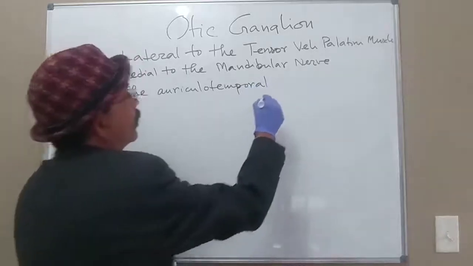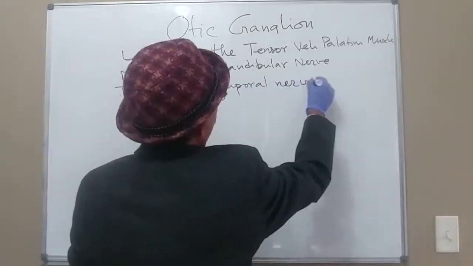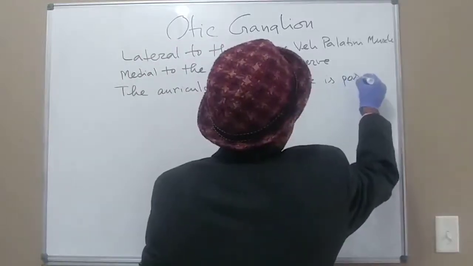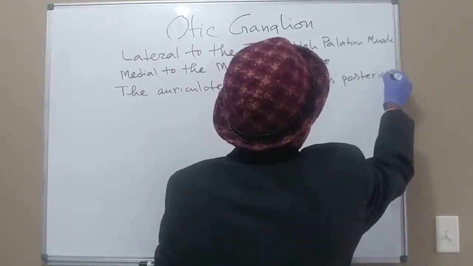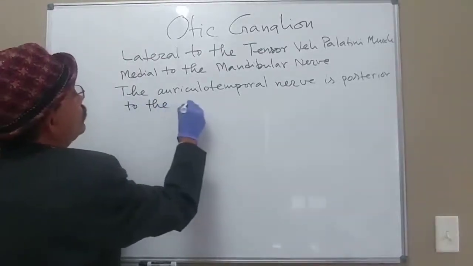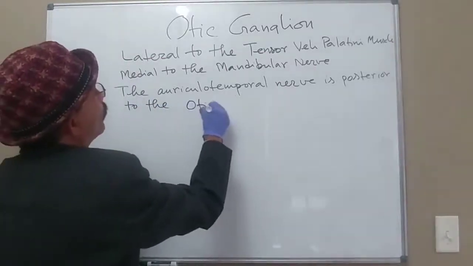The auriculotemporal nerve is posterior to the otic ganglion.